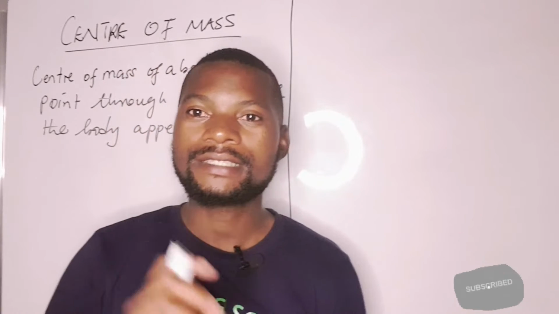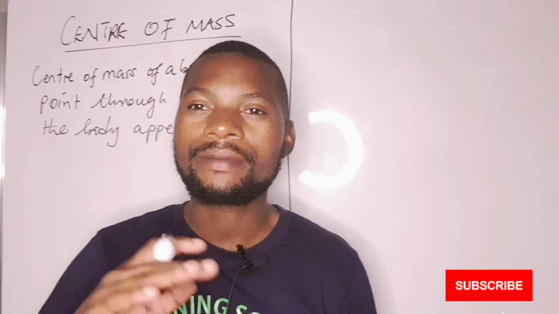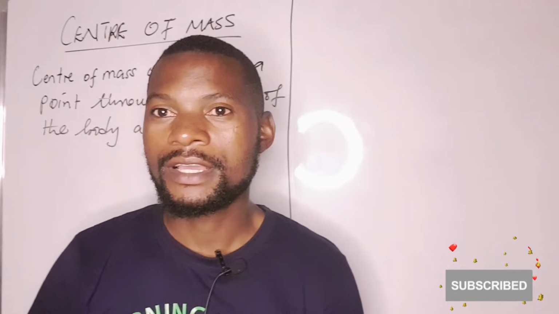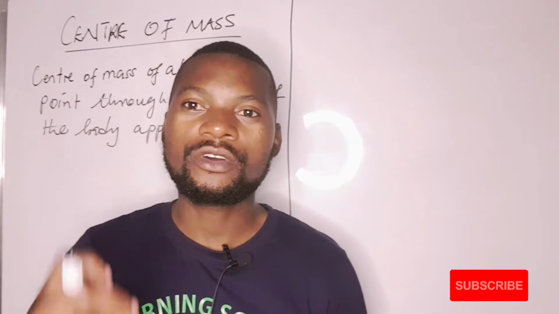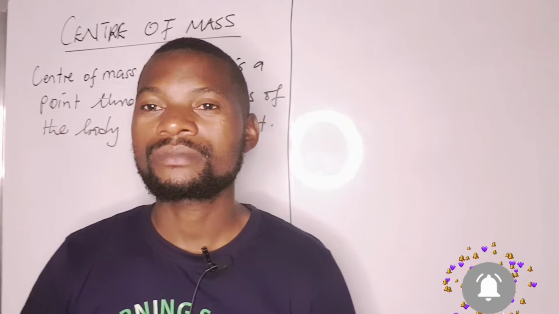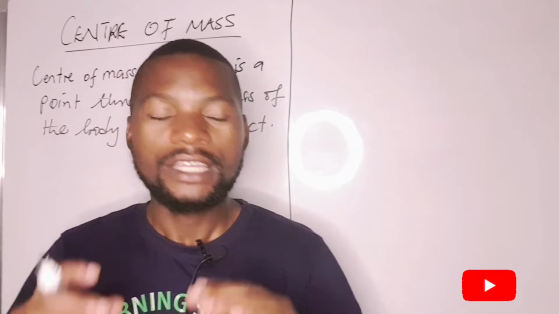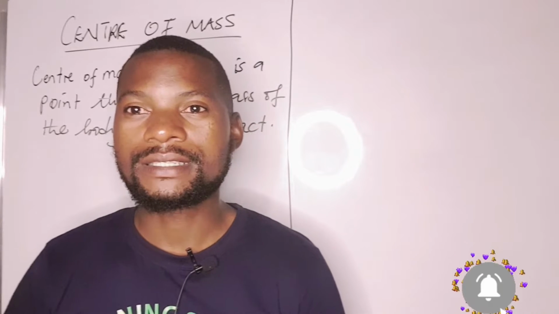And it is at that same point where an object stays in a balanced state. So when you look at different objects, each and every object has got its own center of mass, regardless of the shape, regardless of the size.